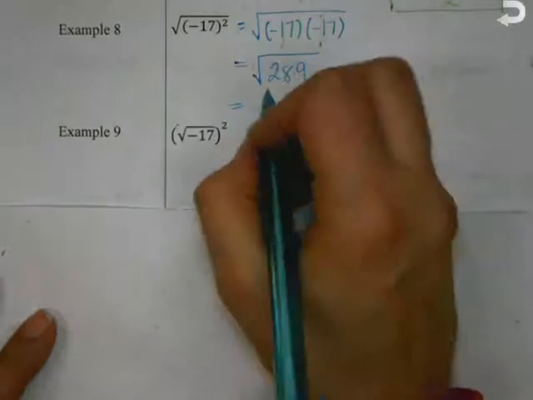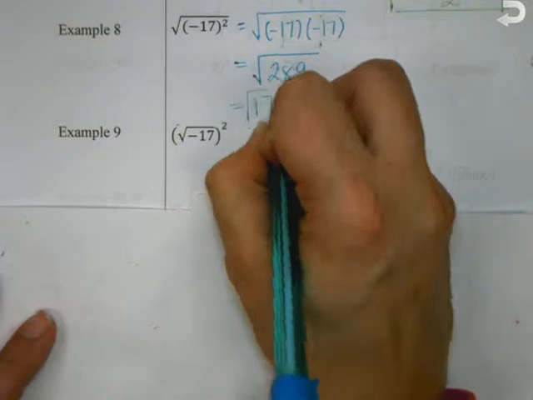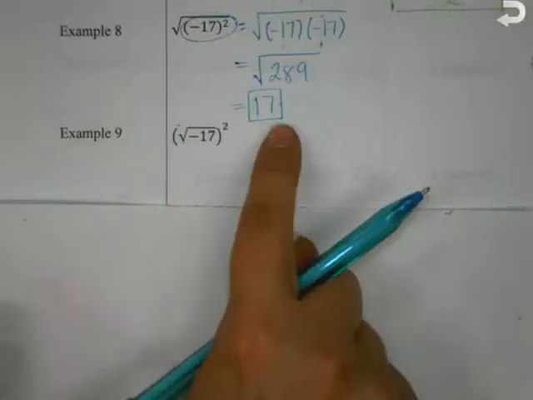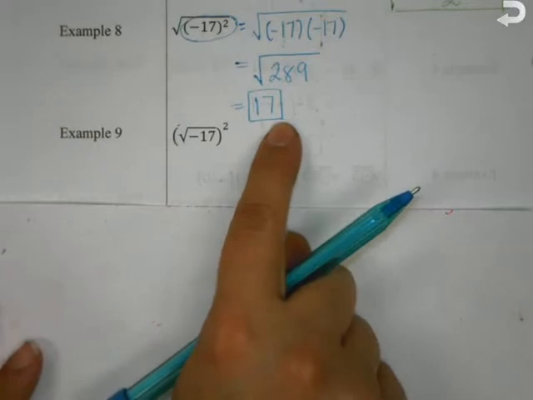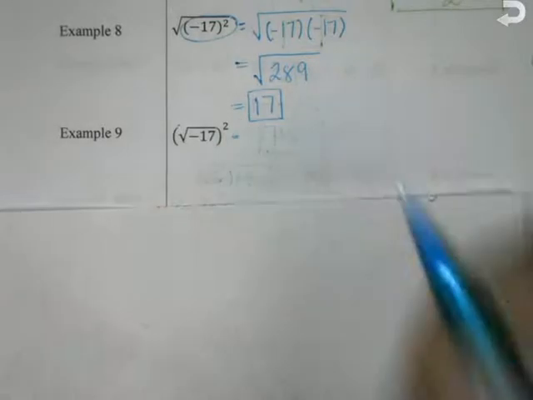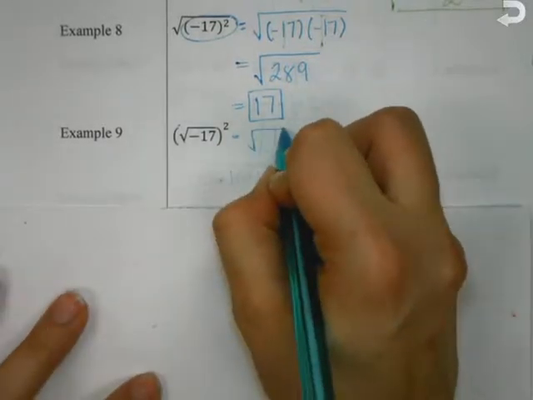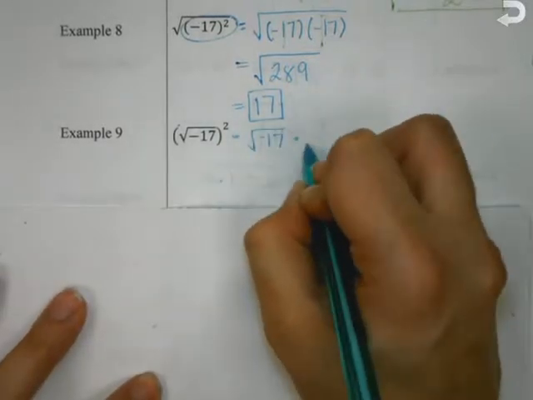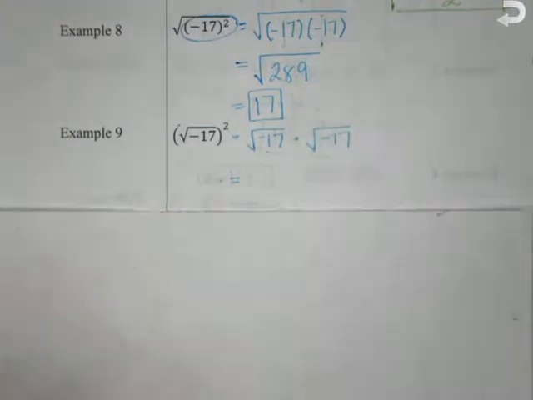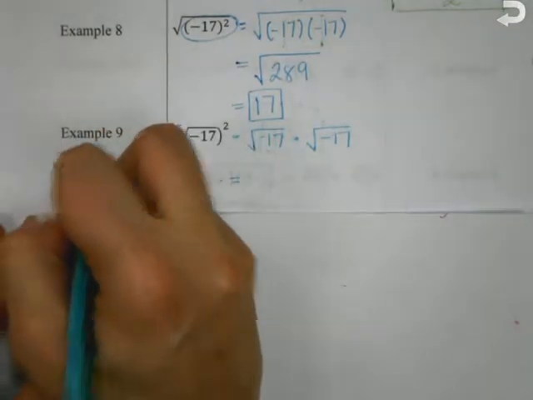What happens if the whole thing is being squared? This is the same as what? Root -17 times root -17. Now, because technically a square root is an exponent to the 1/2, which we will get to and learn about some more, these two are actually the same thing.